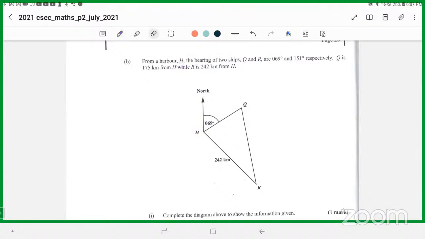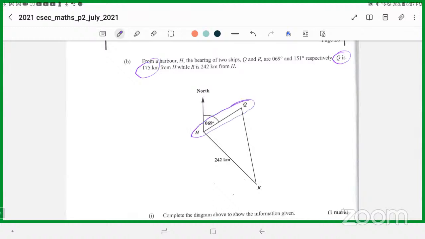That is the bearing they did not show on the diagram. It also says Q is 175 kilometers from H.